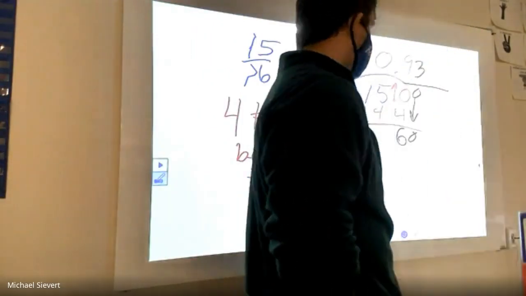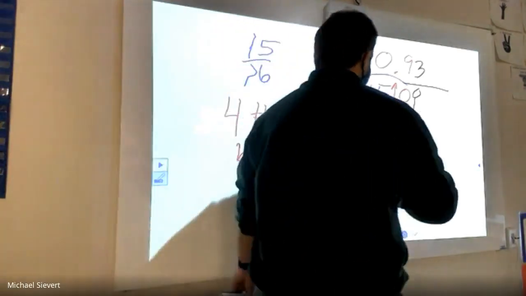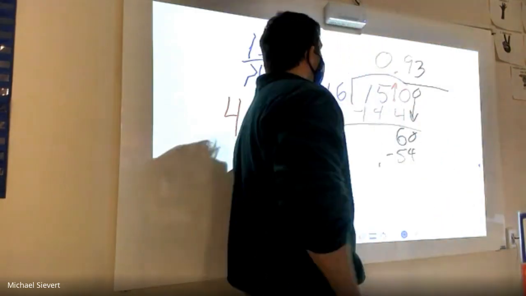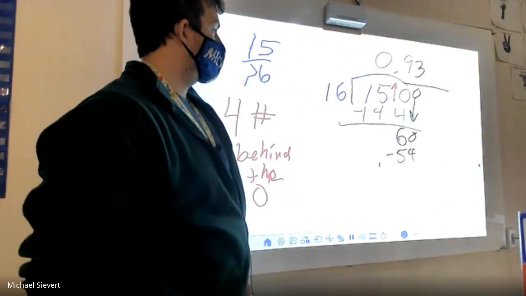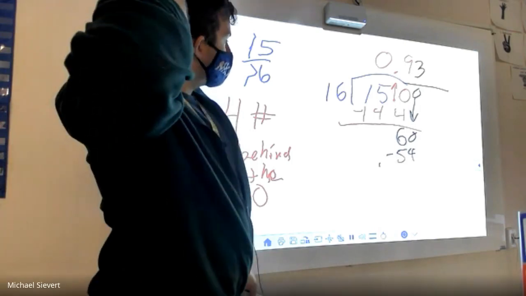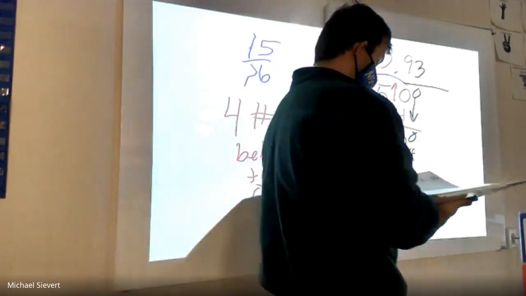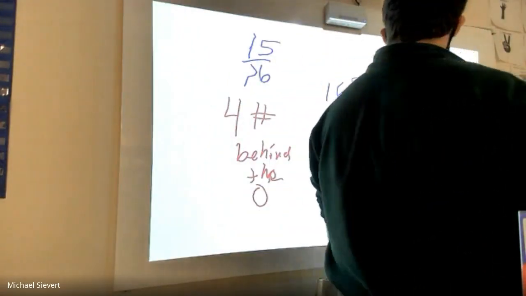3 times 16 is what? 24, carry the 2. 54. Right? No. 3 times 6 is 24, carry the 2. 3. Yeah, it is 54, isn't it? Oh, yeah, I forget.